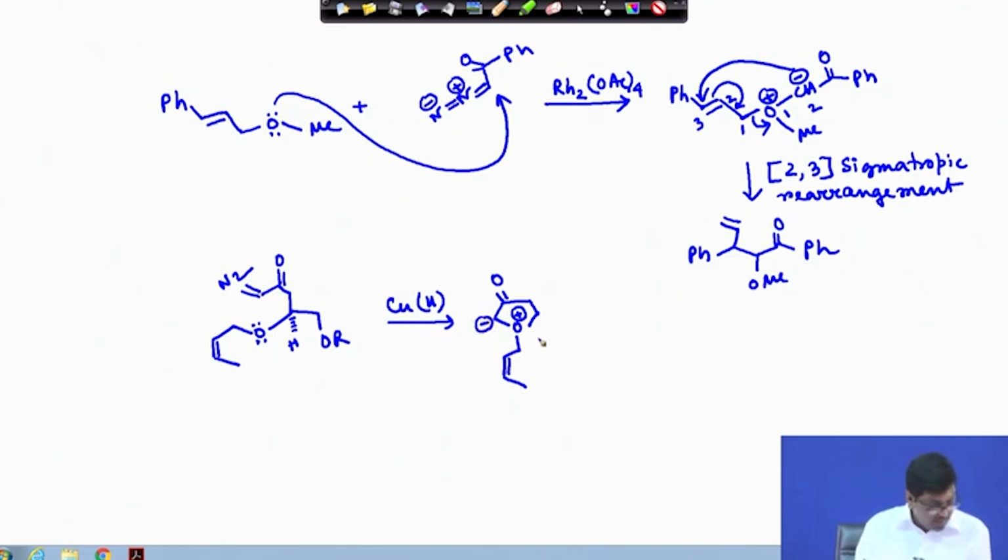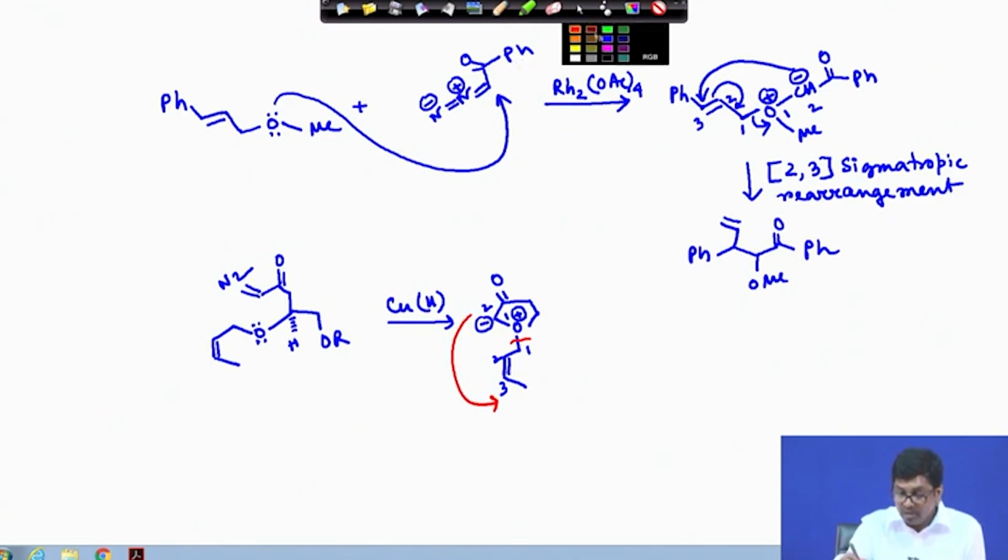okay. And this one will be the negative. Okay. So, now again we will number 1 2 3, 1 2 3, and here also 1 2. So, here we will see that this sigma bond will break and the new sigma bond will form between these two. Okay. So, now if we see how this rearrangement will happen, it can attack over here, then okay.